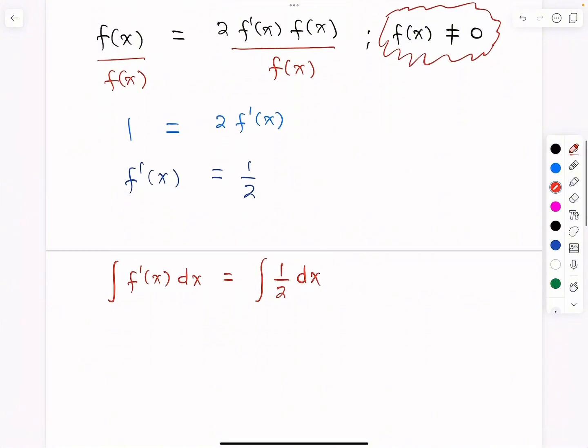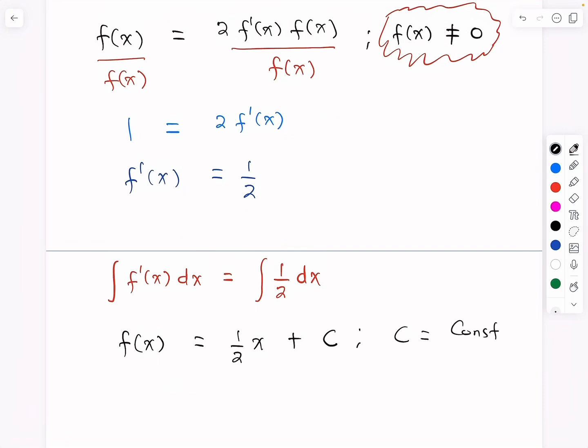If you integrate a constant, all we do is add x to it. So my answer is f of x equals 1 over 2 x plus c, where c is our constant of integration.